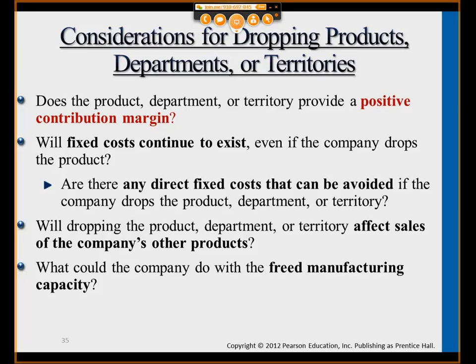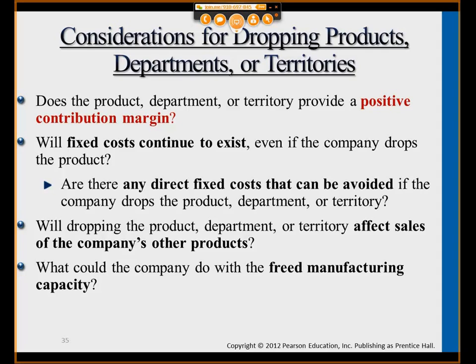Okay, so we need to understand what are the circumstances for that product having an operating income as a loss. So, and here they're going to ask one more question. Are there any direct fixed costs that can be avoided if the company drops the product, department, or territory?